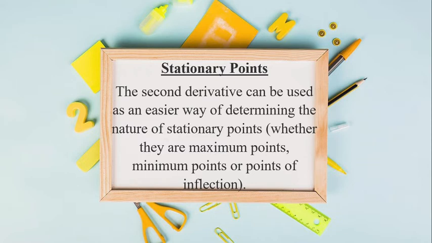Stationary points. The second derivative can be used as an easier way of determining the nature of stationary points, whether they are maximum points, minimum points, or points of inflection.